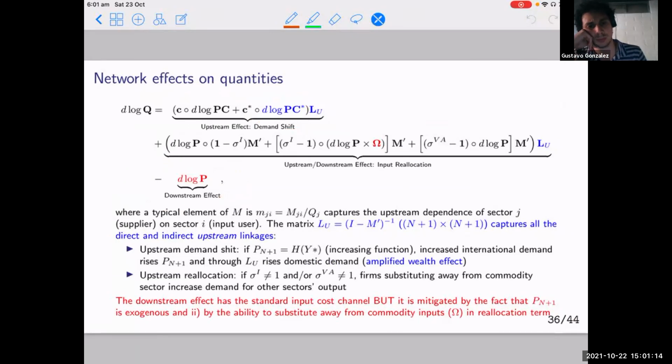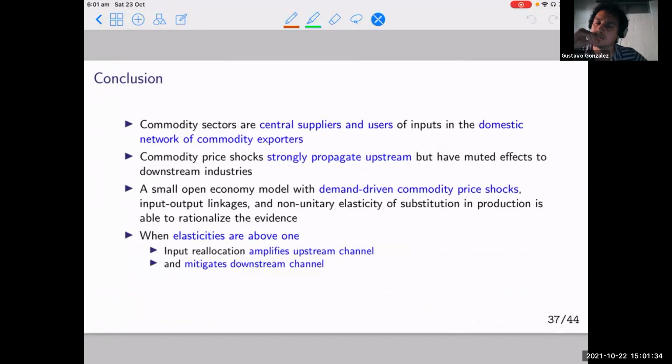The flexibility or the substitutability between inputs plays an important role in accounting for the muted downstream effect and amplified upstream effect, but also the fact that there are these mostly demand-driven price shocks that amplify the standard wealth effect through the firms demanding more commodities.